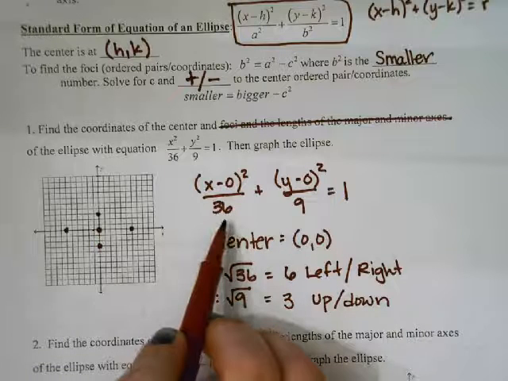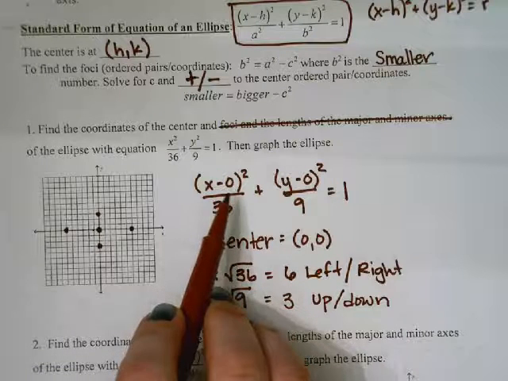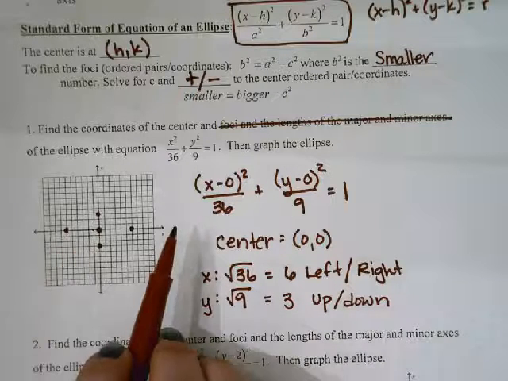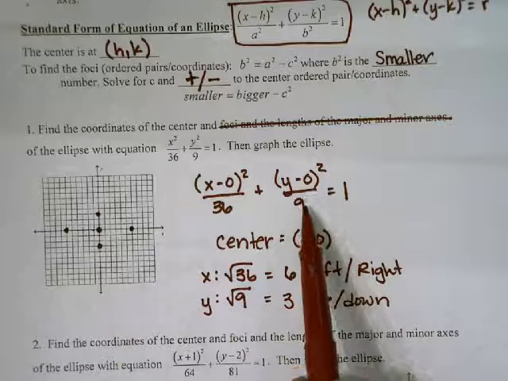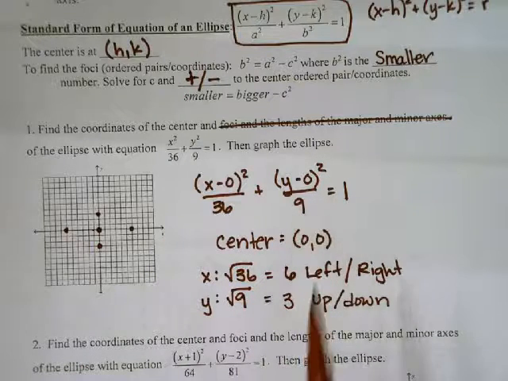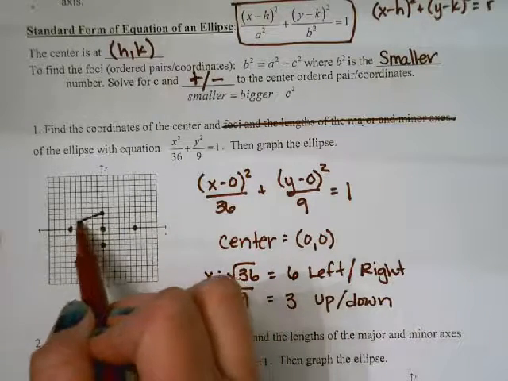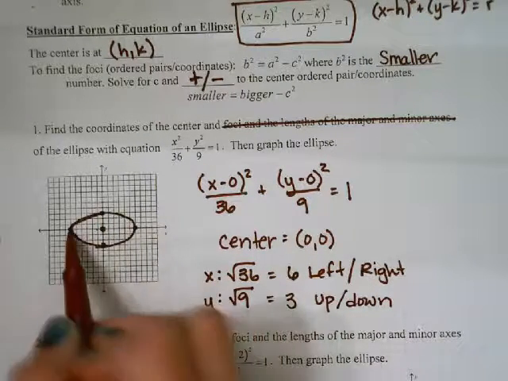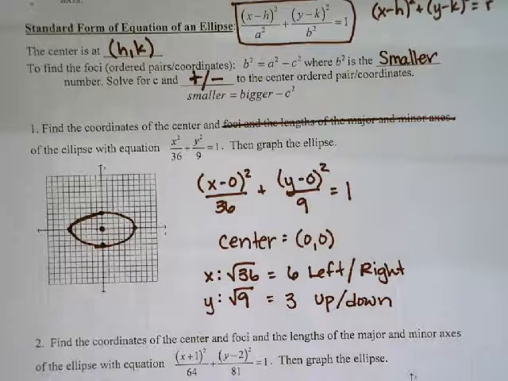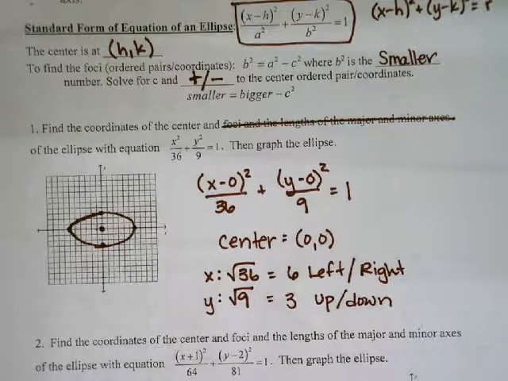We take the square root of the denominator under the x, that tells us how far to go left and to the right. The denominator of the y tells me how far to go up and down. And then you can just connect the dots. Now, they're not pointy, they're more round and curved, just like circles, they're not diamonds. It's okay if they look like potatoes.